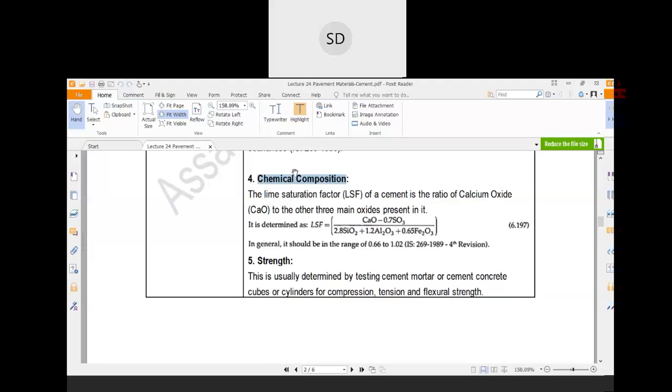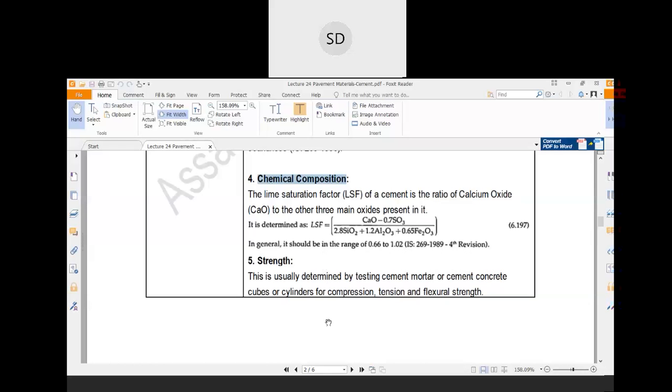This test is conducted using a factor called the lime saturation factor, and it is the ratio of calcium oxide to the other three main oxides present in it, that is calcium oxide, silicon dioxide, aluminum oxide, and ferric oxide. In general, that ratio should be between 0.66 and 1.02 as per IS 269:1989.